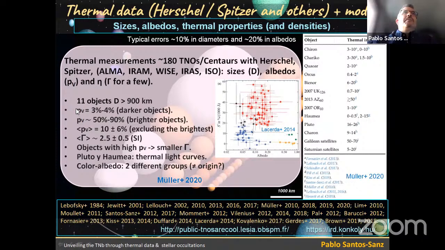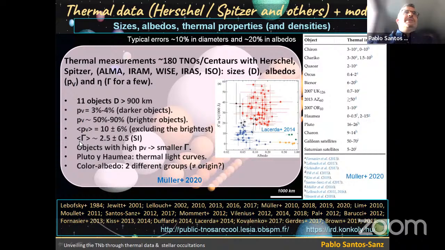We have objects very dark with albedos between 3 and 4%, and also objects very bright, with albedos between 50 and 90%. The mean albedo is around 10%. This means that most of them are really dark objects.